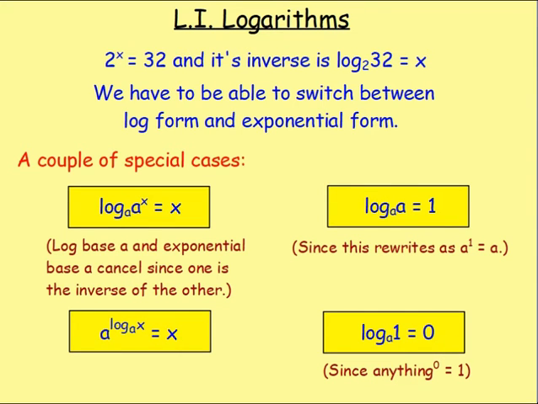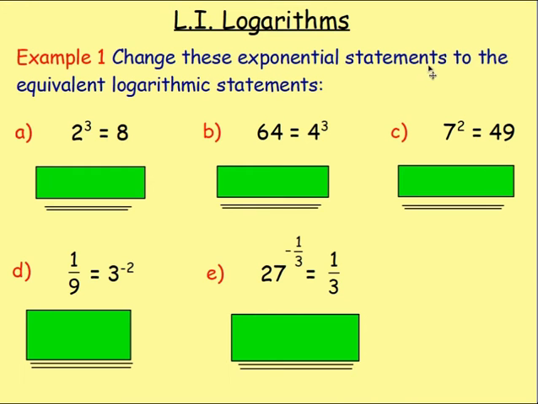Let's try some examples then of switching between log form and exponential form. So here we've got our exponential form. We've got our 2 to the power of 3 equals 8. What we need to do is switch that into logarithmic form. So again, I'm going to use base bottom top to think about this. So start with the base. So find the part that's with the index. That's here. So our base is going to be 2.